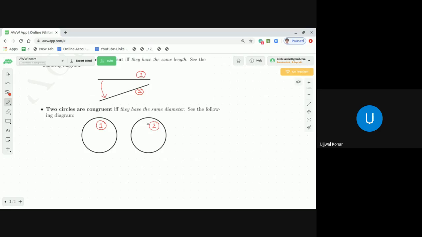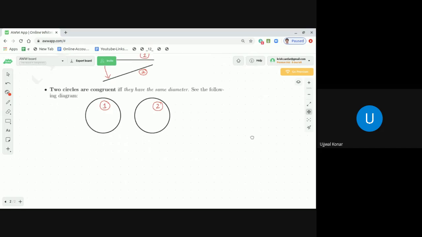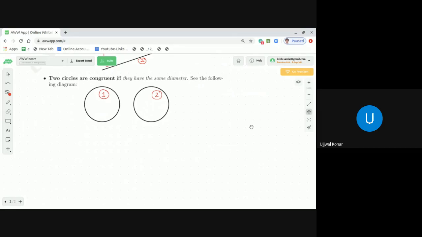That means if you take the second coin and put it on top of the first one and look from outside, it looks as if only one coin is there. Correct. So we discussed how two line segments are congruent and how two circles are congruent.